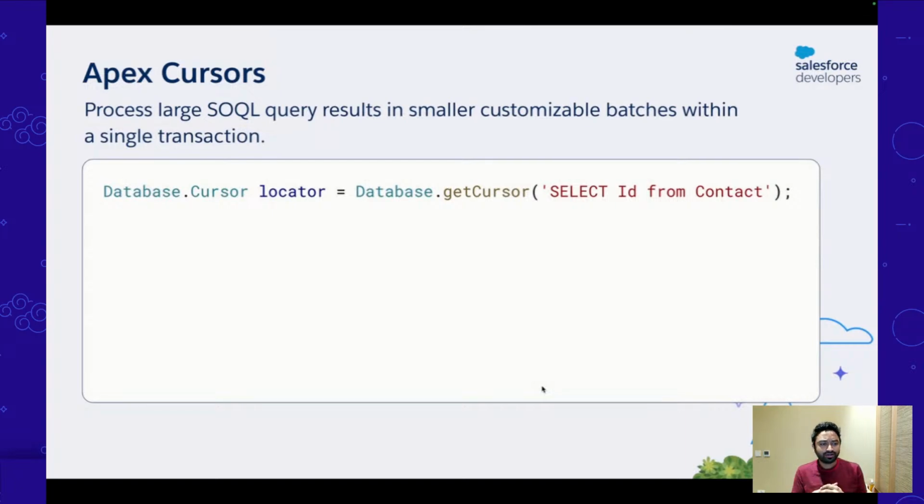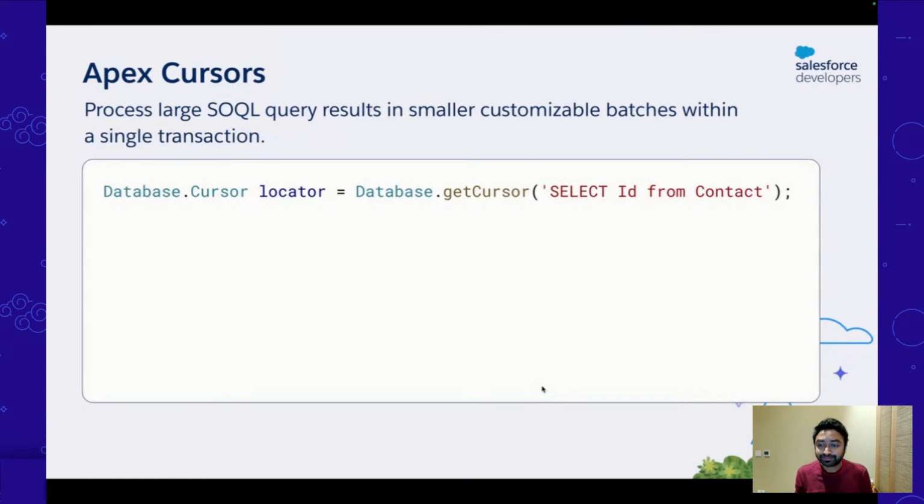I want all of you to put in the comments what are the general scenarios where you use things like batch Apex to process large amounts of data, and what are the limitations that you typically run into when working with these large sets of data, because Apex cursors attempts to solve some of those problems, if not all. We will see what Apex cursors is all about, and we will talk about different scenarios, and then we will keep it like a free-flowing discussion.